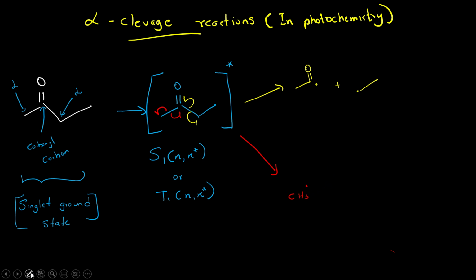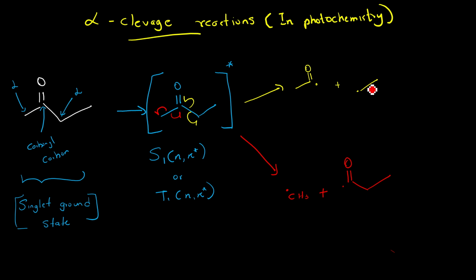This radical electron should be on the carbon, and here we have the other part. These are the two possibilities we have. Always remember that there are two possibilities for the alpha cleavage reaction. That's very important when you try to identify the mechanism.